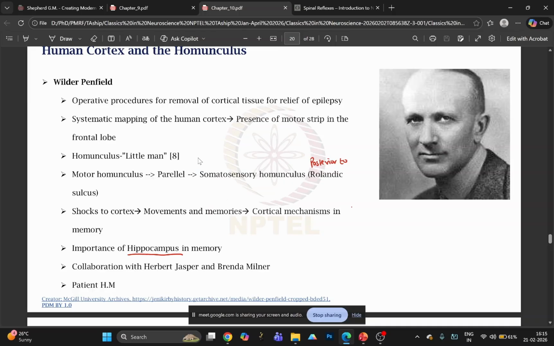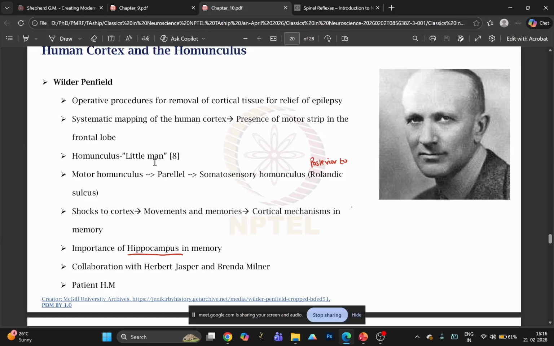Basically, there is a whole map of regions in the human cortex, where a particular region has pathways that correspond to the muscles of a particular organ, or has neurons that control the muscles present in that organ.